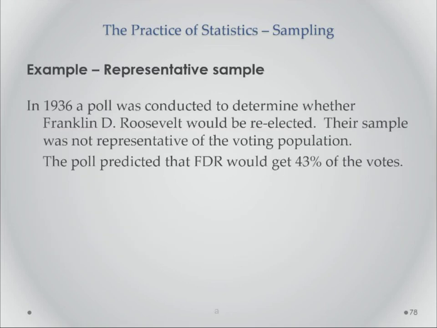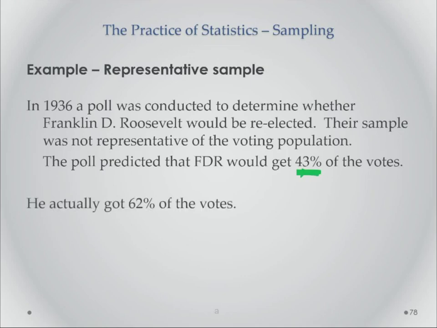So you need a sample that has all of the demographics. Here's an example of a sample that went bad. In 1936, a poll was conducted to determine whether Franklin D. Roosevelt would be reelected. Their sample was not representative of the voting population, so there was some bias. The poll predicted that FDR would get 43% of the votes. If you're opposing FDR, you're thinking, well, 43 is pretty big, but it's not too high.